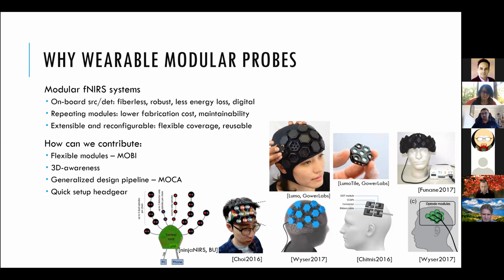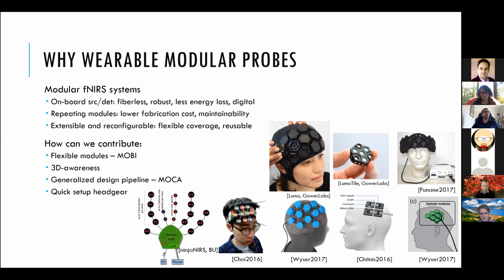We are attracted to this concept, and I want to highlight some of the potential benefits. One is that modular systems use repeated optical modules, interconnecting these identical modules to create flexible, reusable, reconfigurable probes.